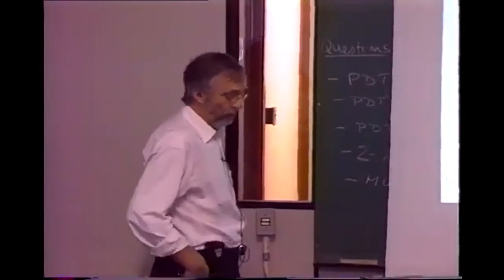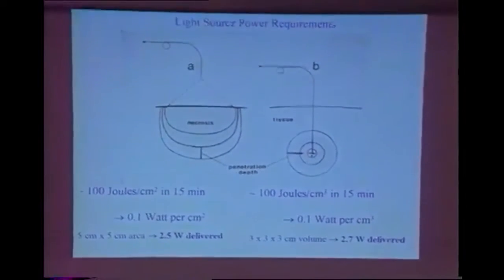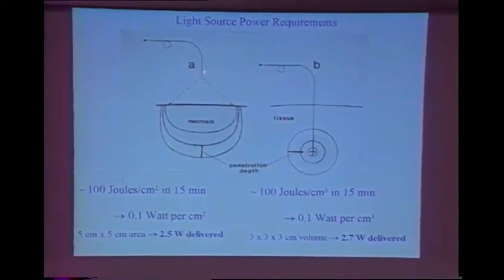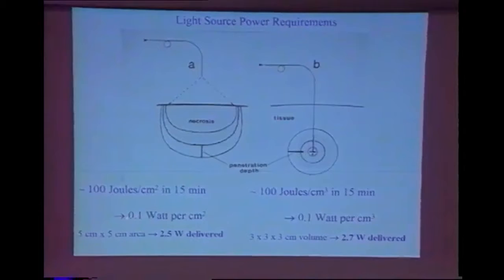The light source requirements actually are pretty challenging. I said yesterday that PDT is an energy inefficient process. So if we take, for example, a surface treatment, and let's say that you need 100 joules per square centimeter delivered in 15 minutes to the surface, which is typical for a skin tumor, that means you need 0.1 watts per square centimeter.